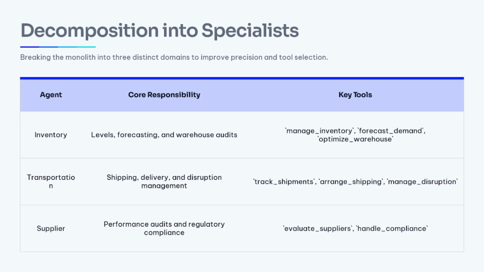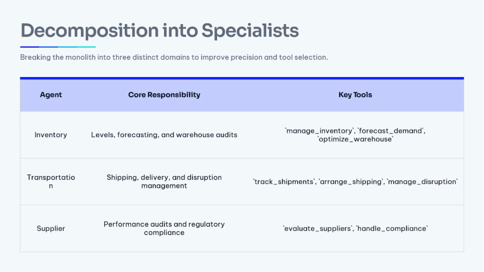So the decomposition into specialists. You can have this kind of agent: inventory agents. The responsibility will be levels, forecasting, and warehouse audits, and the tools it can call are manage inventory, forecast demand, and optimize warehouse. We have transportation agents. The responsibility will be shipping, delivery, and disruption management, and the tools it can call are track shipment, arrange shipping, and manage disruption.